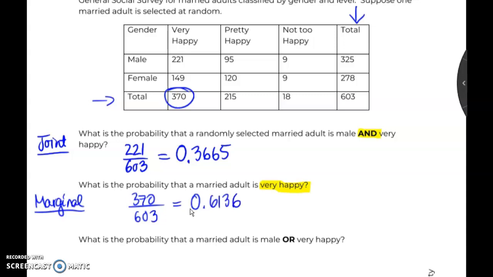The next question is asking, what's the probability that a married adult is male or very happy? Okay, so this time we have the keyword "or," and we're going to highlight again all the males. We're going to highlight all the very happy people.